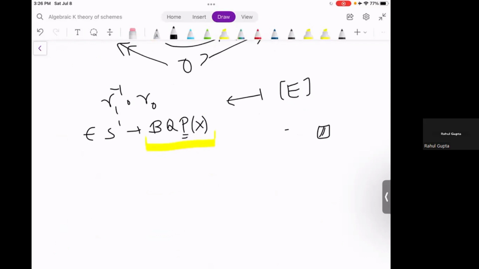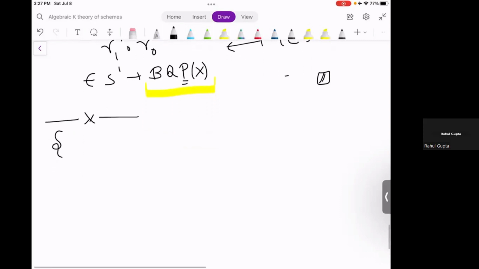Is it okay? Yeah, so what I'm trying to say is that we define some K-theory, some new theory of a scheme. For rings, it agrees with the last lecture. And for K naught, it also agrees with the well-known Grothendieck group. So that's what we have said till now. Not proved completely, but that's what we said.